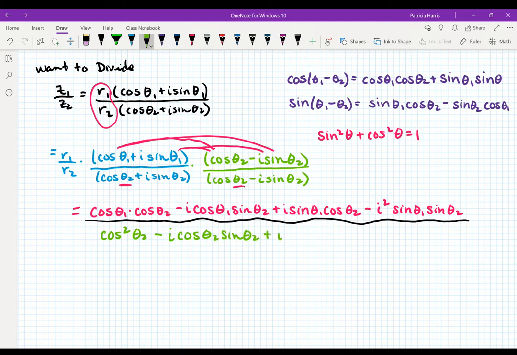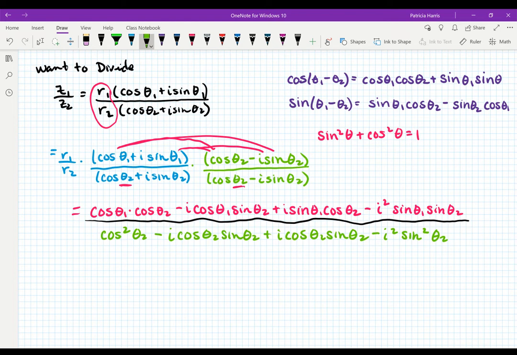And then multiply again. Okay. And then we got our negative i squared. Notice again we have theta 2 twice, so we can do sine squared. Okay, so now what we're going to do is we're going to try to simplify the top and the bottom.